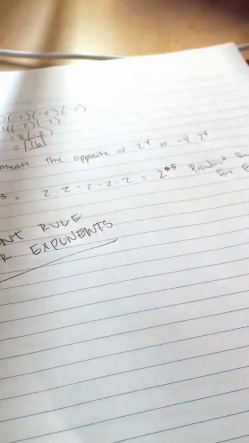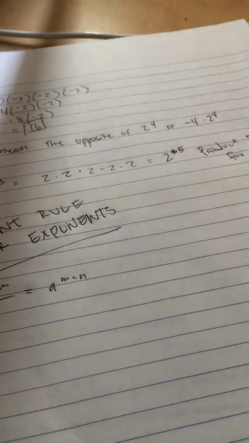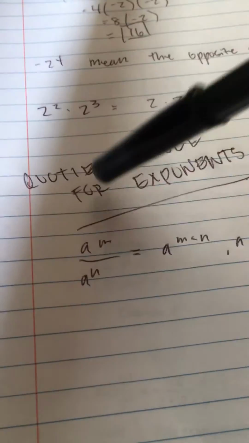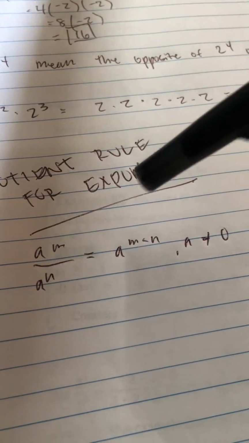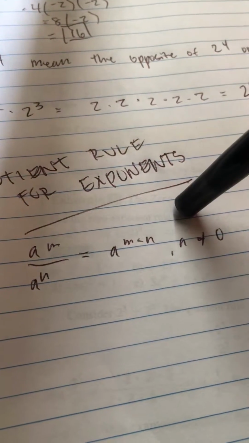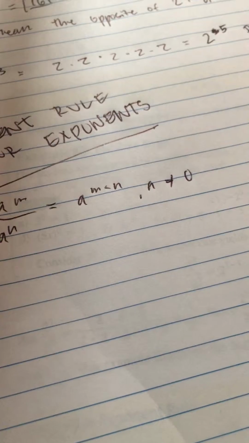So basically you set it up as a to the m power over a to the n power equals. The quotient rule of exponents just means that when you see a to the m power over a to the n power, it just means a to the m minus n power.